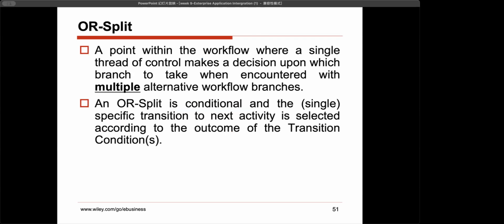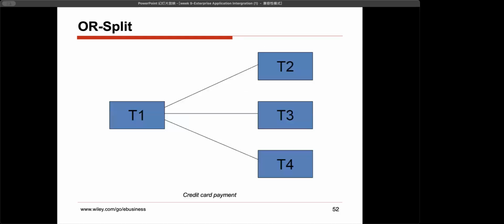The split is conditional, and the single specific transition to the next activity is selected according to the outcome of the transition conditions. Okay, so this is an or-split. So we can split T1 into T2, T3, and T4, but we can just use one of them.